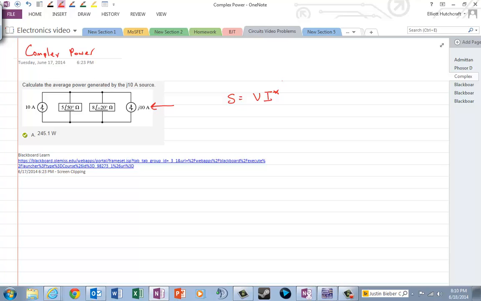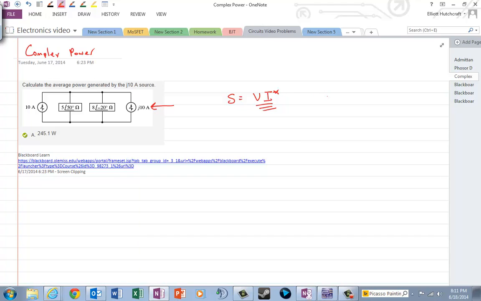I do not know if these are in RMS or peak values. I actually sort of suspect that this is peak, and my formula here is for when V and I are in RMS. So we'll find out what happens.